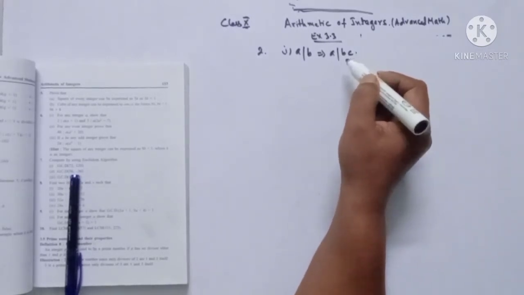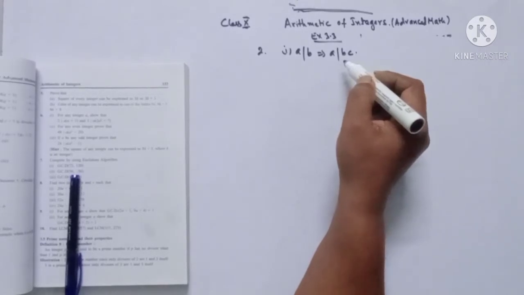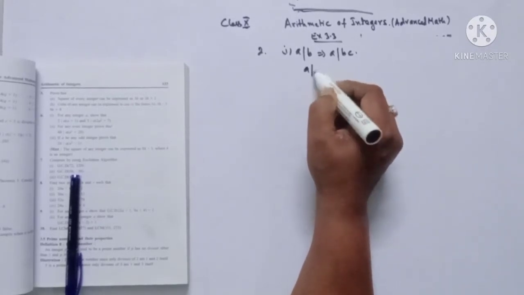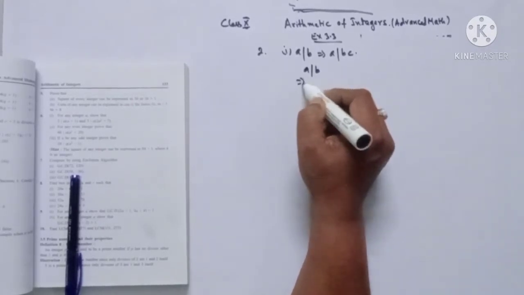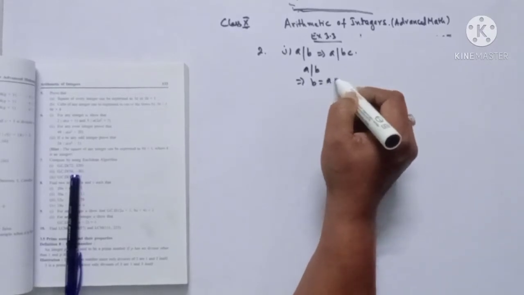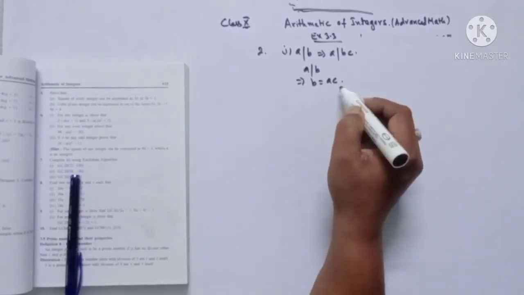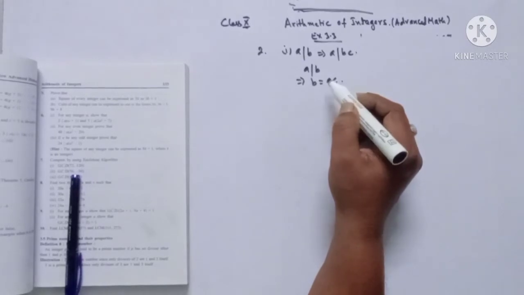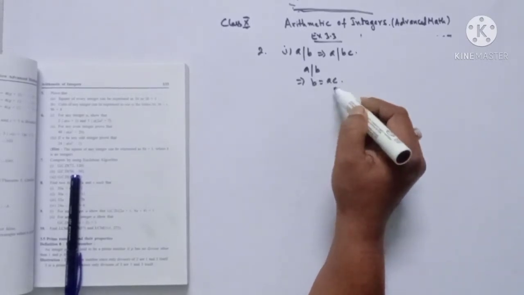So you can do this. A divides B means B is equal to AC. Yeah, A divides B, that means B is equal to AC.